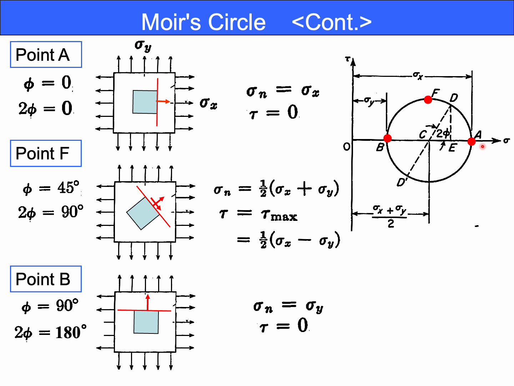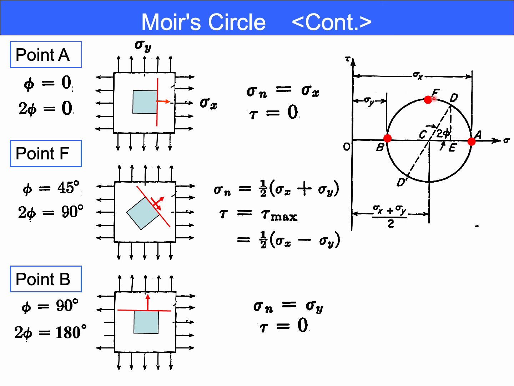This point corresponds to the plane perpendicular to the x-axis. That means the virtual plane is oriented in the same direction as the positive direction of the x-axis. On this plane, we can see from Mohr's circle that sigma equals sigma x, and tau equals 0.